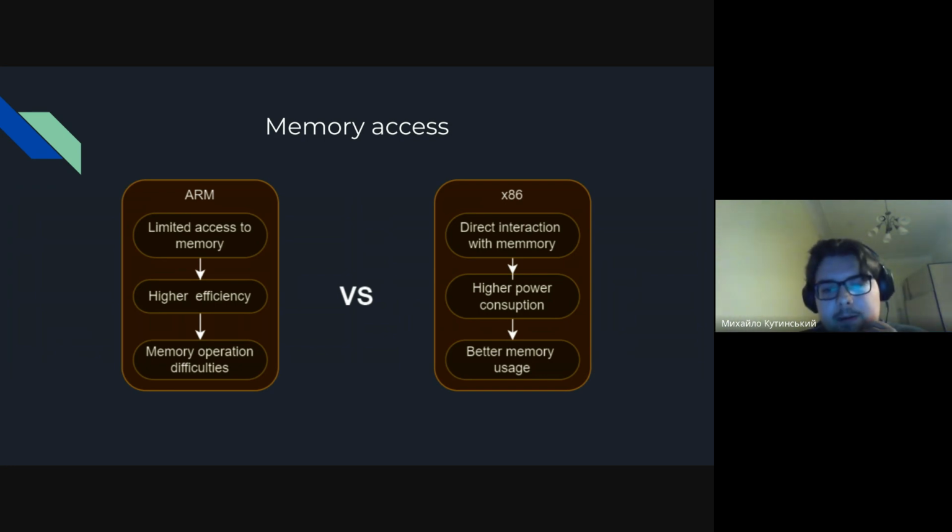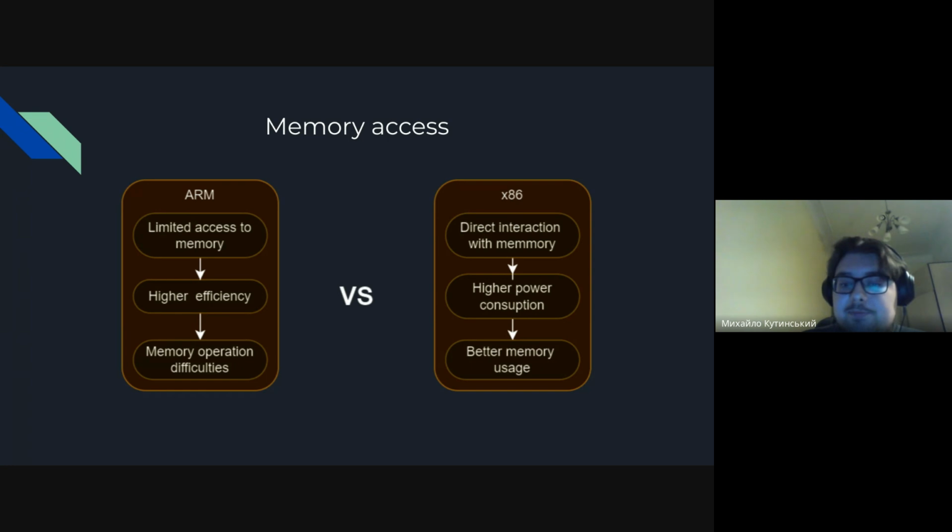Apparently not always. For lesser energy consumption, ARM CPUs operate with a focus on register-based processing, limiting direct memory access, while the x86 architecture allows more direct interaction with memory, facilitating a wider range of computational tasks at the expense of higher power consumption.